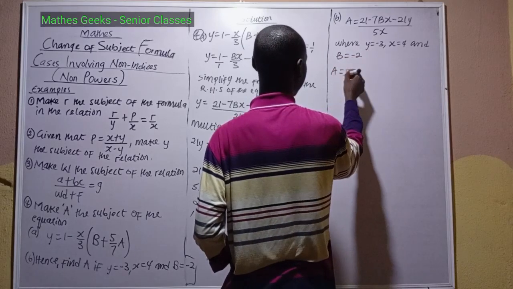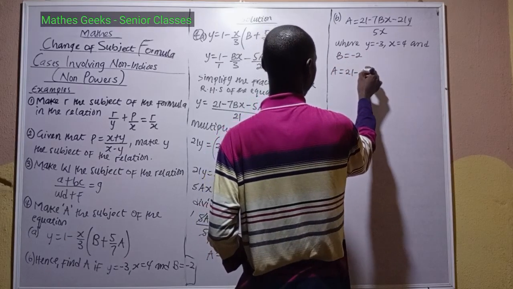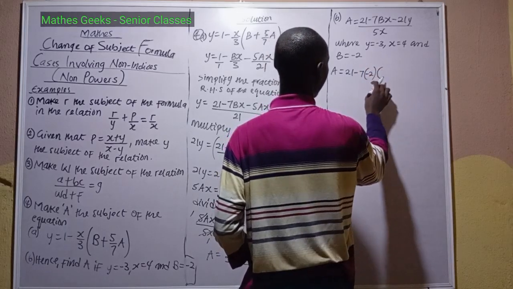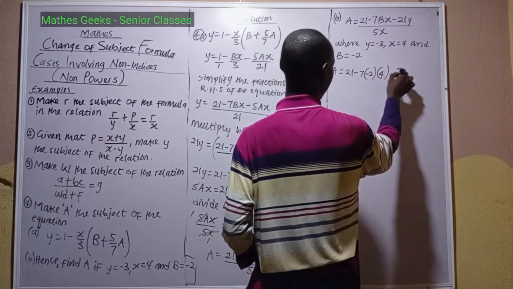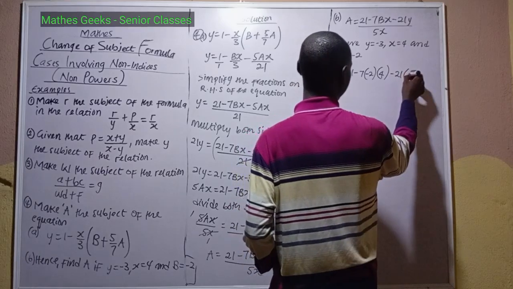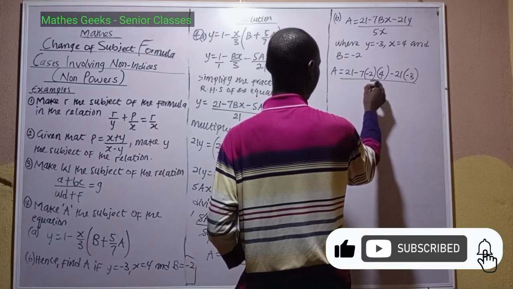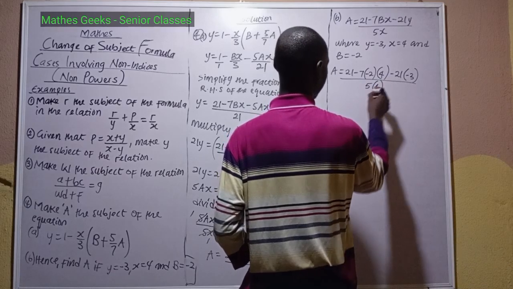So A is equal to 21 minus 7, and B is minus 2, and X is 4, minus 21, and Y is minus 3, over 5, X is 4.